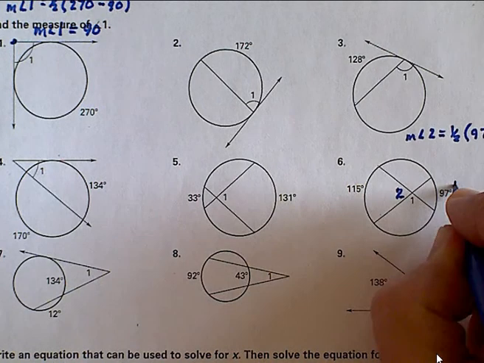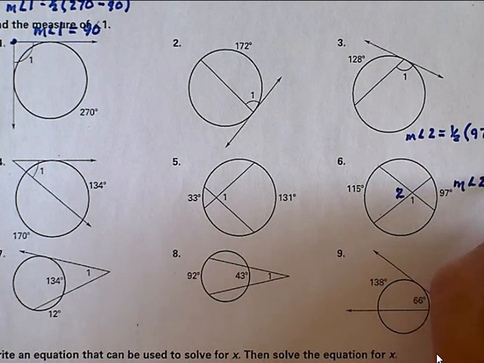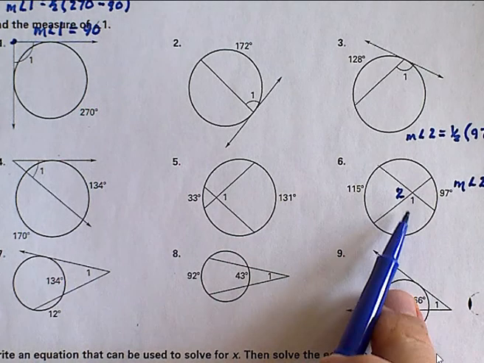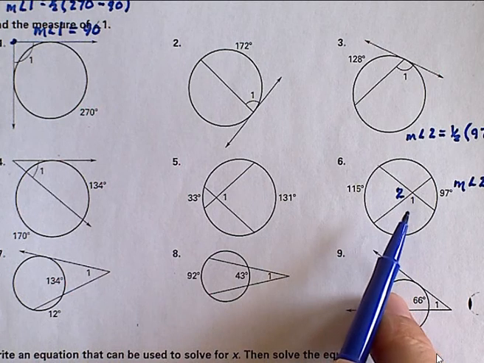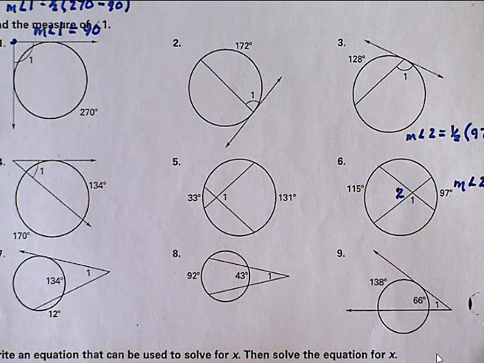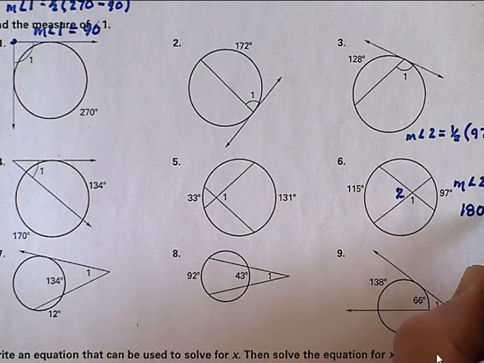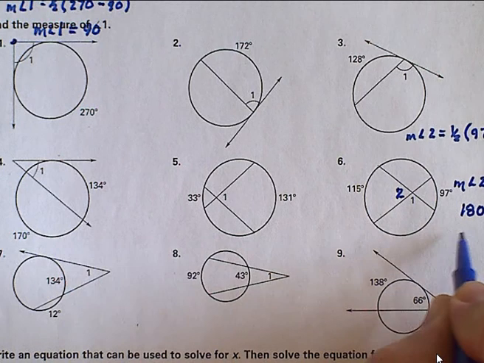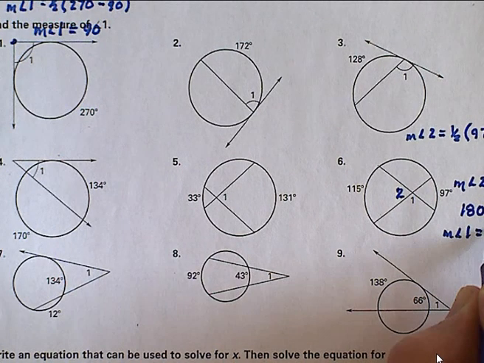So the measure of angle 2 equals 106. Now, 1 and 2 must add to 180 because they form a straight line, a straight angle. So if I take 106 and subtract from 180, it means that the measure of angle 1 has to equal 74.